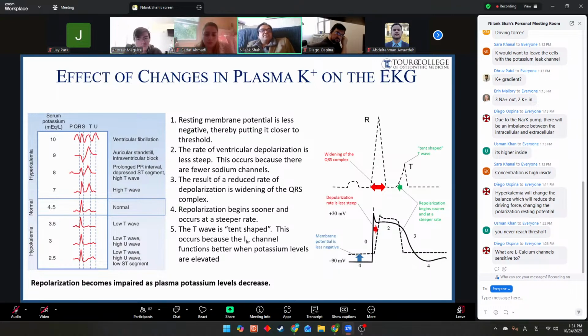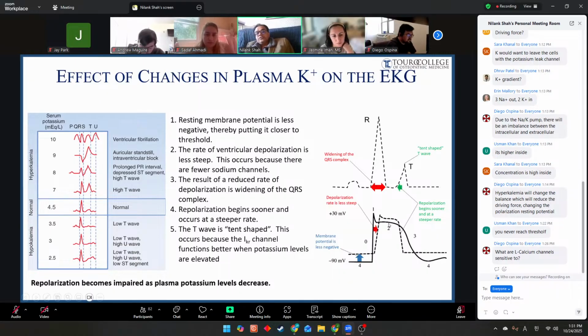Yes, less steep, right? And then what would happen to phase 2? We talked about that. It will be shorter. Right, very good. And what happened to phase 3? It will repolarize early, right? Early repolarization.